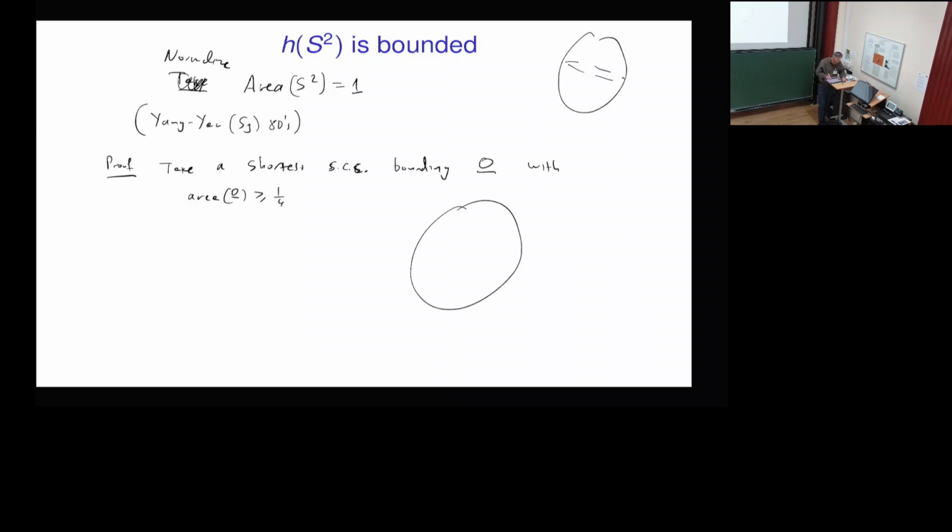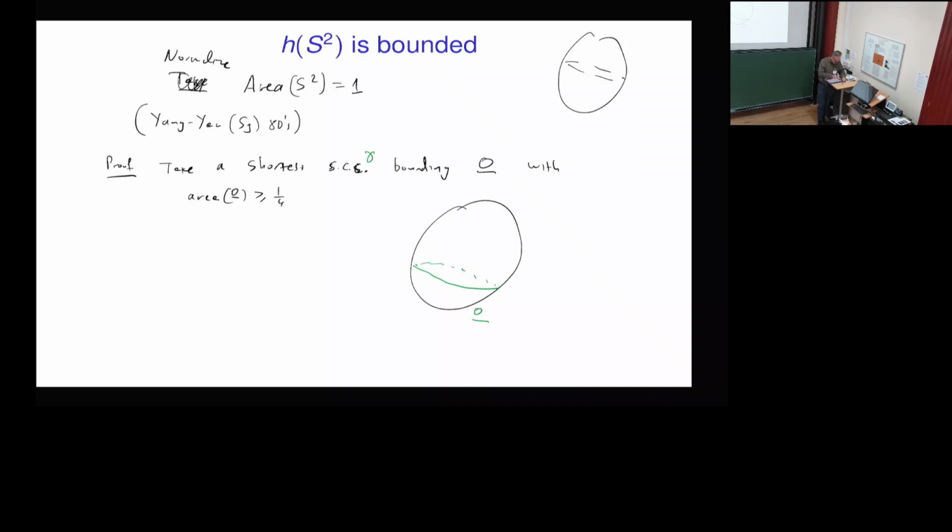So here is my sphere, and here is, let's call it gamma, that cuts this piece. Bounding the Ziegler constant is equivalent to finding a bound on the length of this. So this is omega.